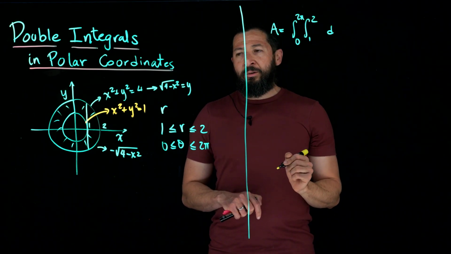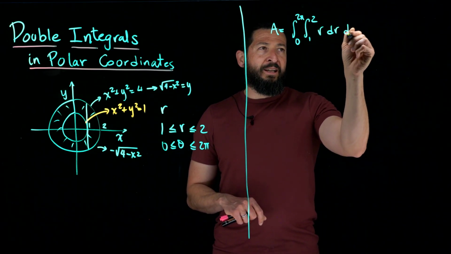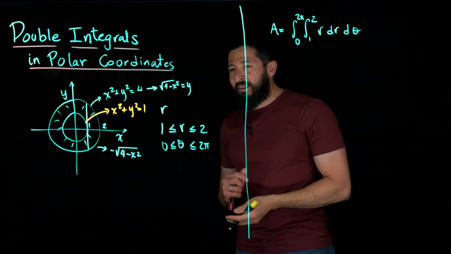But what is the differential of area in polar coordinates? I'm going to write it. It'll be r dr d theta. Why r dr d theta?